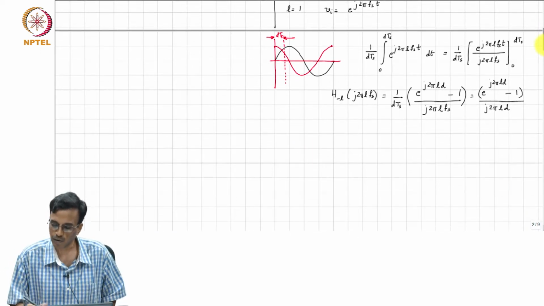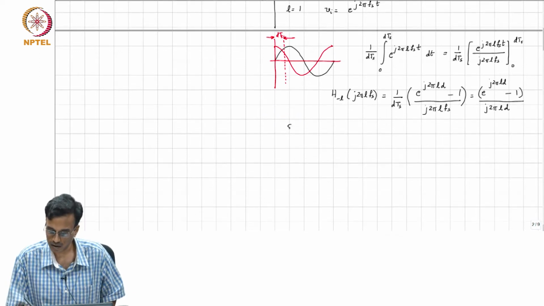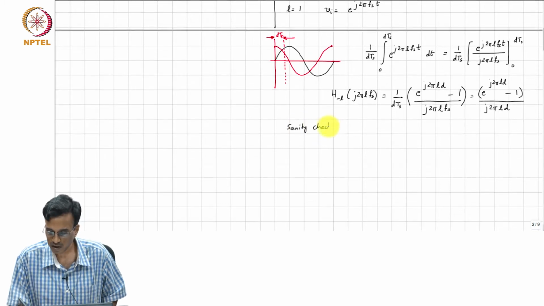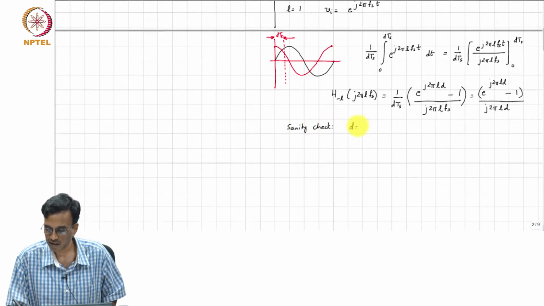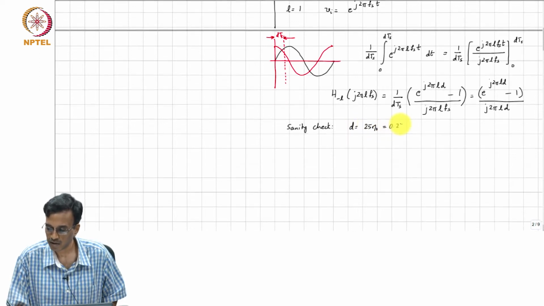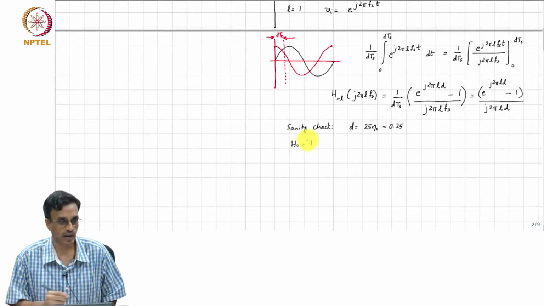And sanity check, we have already done this for Ts by 4. Let us say d is 25%, which is 0.25. Then h 0 of course is 1, we knew all that already.